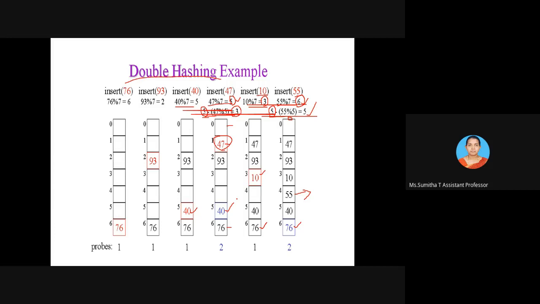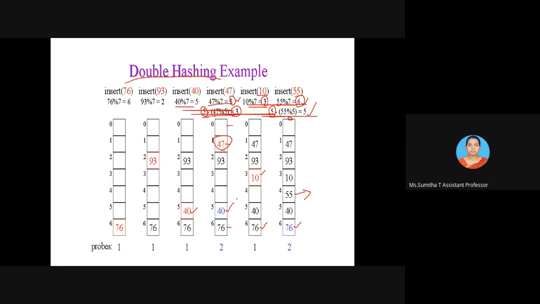But in the case of double hashing, we have to use two hashing functions. The first hashing function is the same basic formula: hash key equals key mod table size. With the help of this, if the empty cell is there, we can insert directly. If a collision occurs, then we have to use another formula, that is R minus (x mod R).